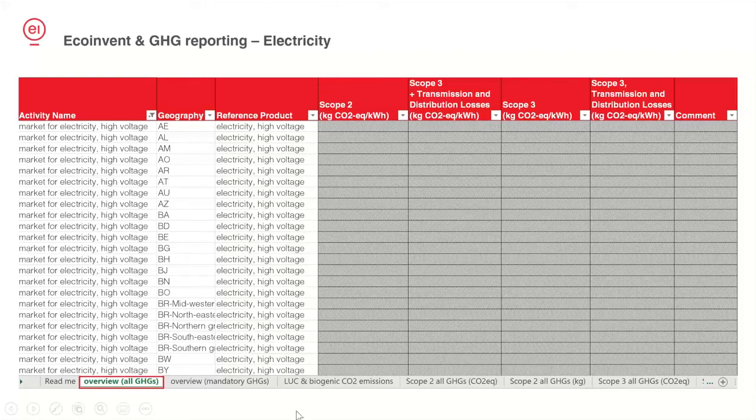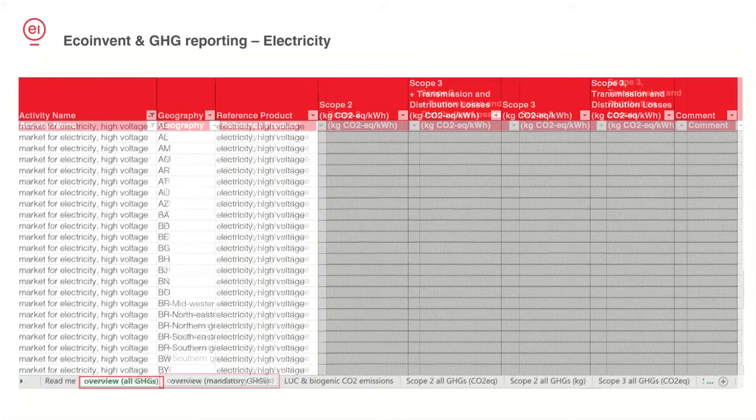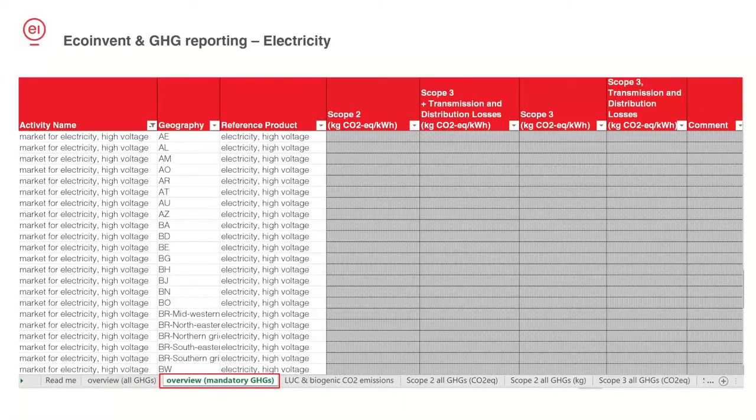As I mentioned, the overview sheet is available twice. We can see here one is called all GHGs and the other one is called mandatory GHGs. And this is because we calculated those emission factors with 2 different methods.